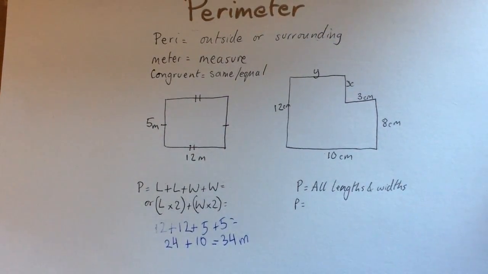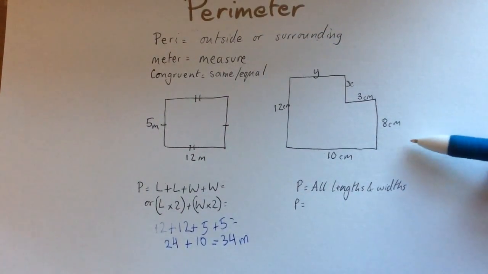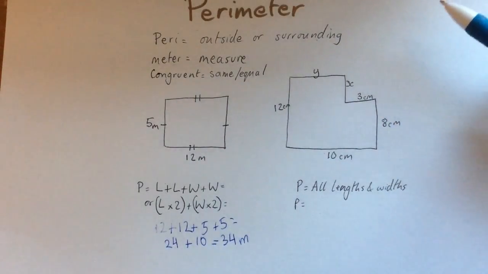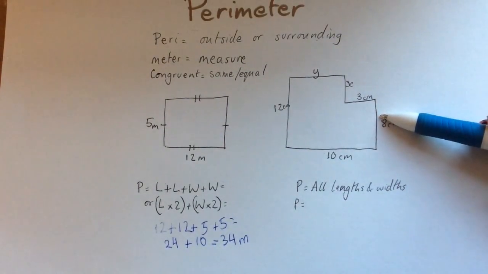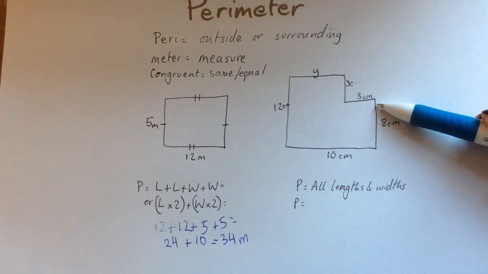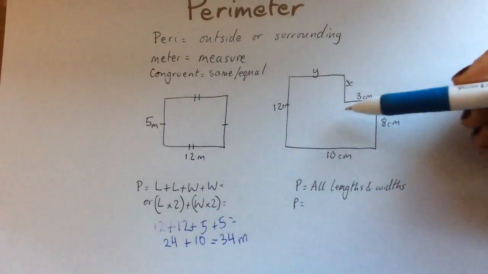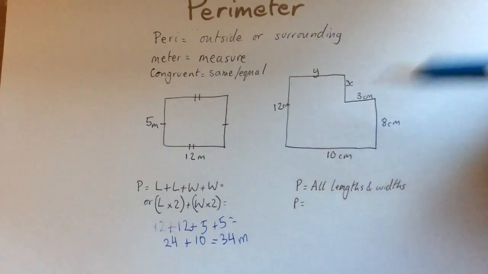Now this one I'm going to look at is something called a compound shape or an irregular shape. It's compound because it's kind of like two rectangles together.